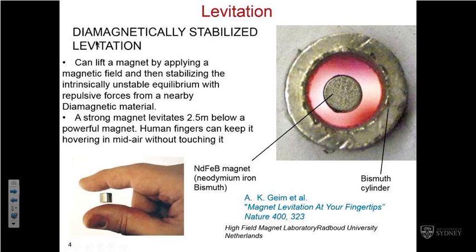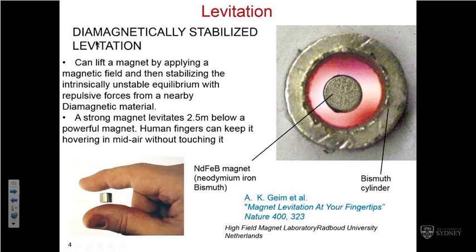There'll be a local energy minimum there, and the field lines of the fingers, due to the diamagnetic effect, will prevent the magnet getting too close, so it can be held stationary. This is called diamagnetically stabilized levitation.